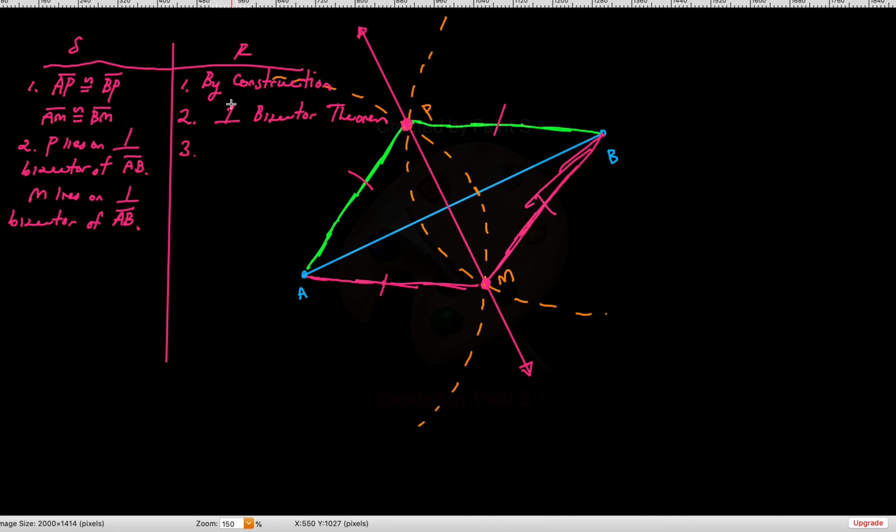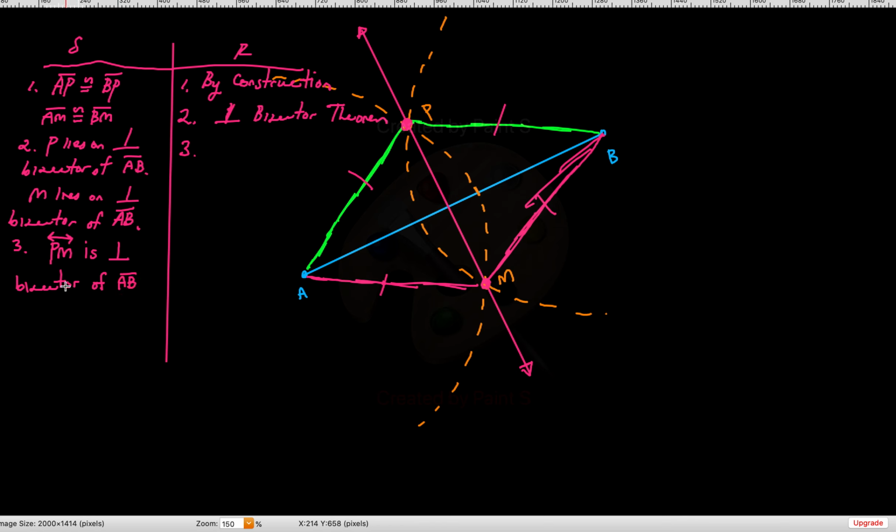Three. Okay. Now that you know that both of these, P and M, both lie on the perpendicular bisector, you can simply state that PM, your constructed line PM, is the perpendicular bisector of AB.